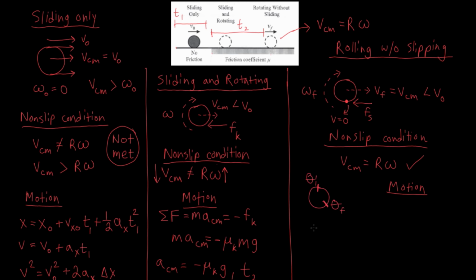So one of the rotational kinematic equations is that the final angle of the object is equal to the initial angle that it starts at, plus the initial angular speed times the time period in which it rolls without slipping, plus 1/2 the angular acceleration times t squared.